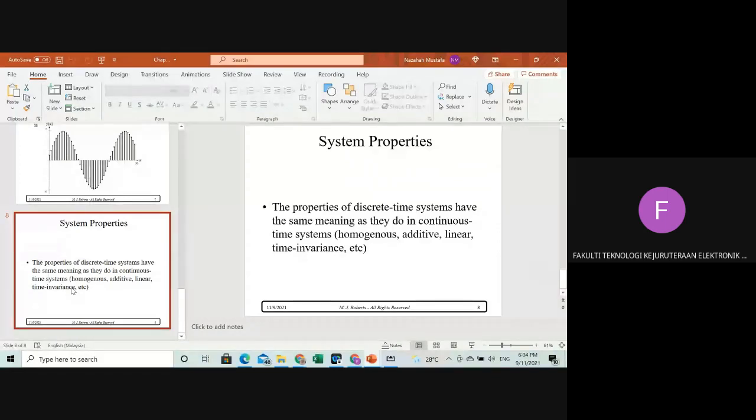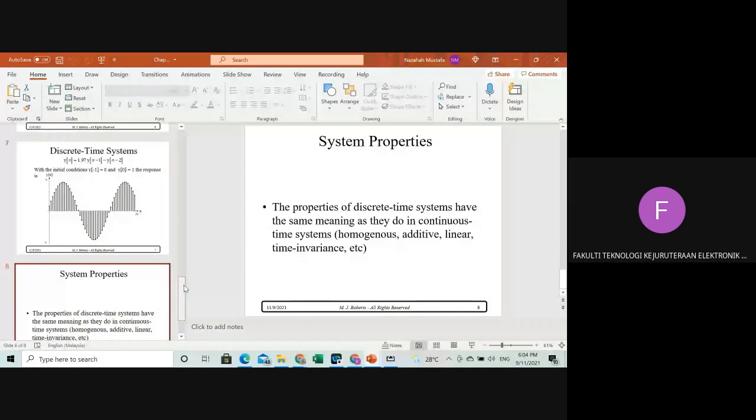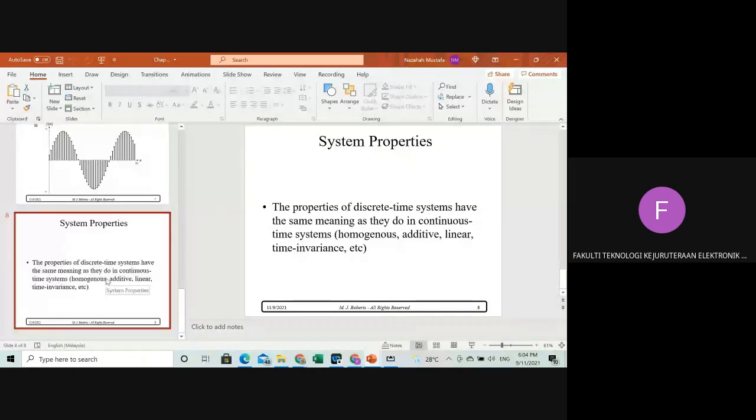Exactly the same as the system properties for continuous time. So here we can just use the previous slide to look at the properties. Both continuous time and discrete time systems have the same properties.